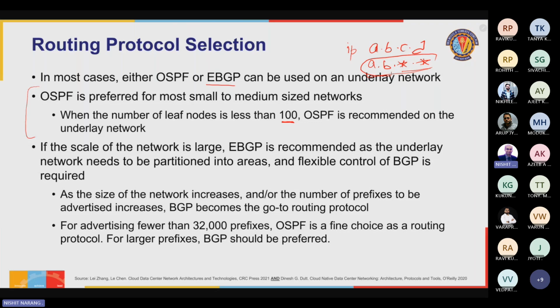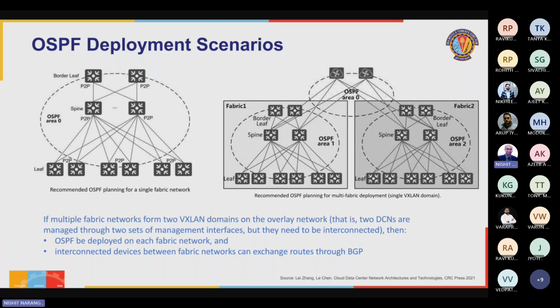If less than 100 nodes, it's a small to medium size, use OSPF. Less than 32,000 prefixes, it's a small to medium network, use OSPF. More than 100 nodes or more than 32,000 prefixes, it becomes a more complex, large network, so prefer to use BGP.